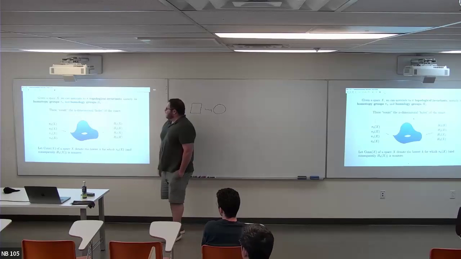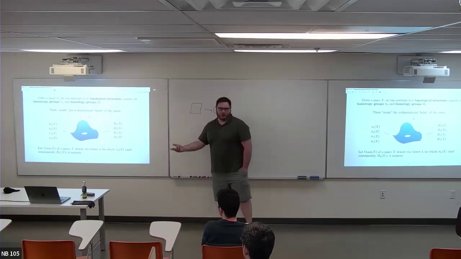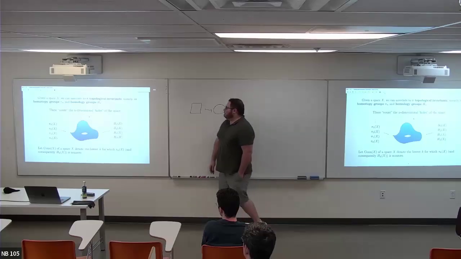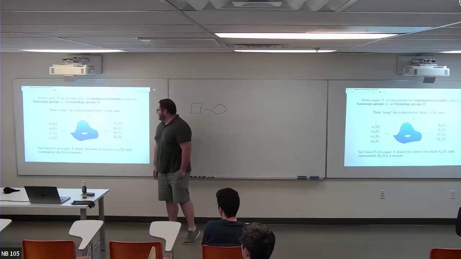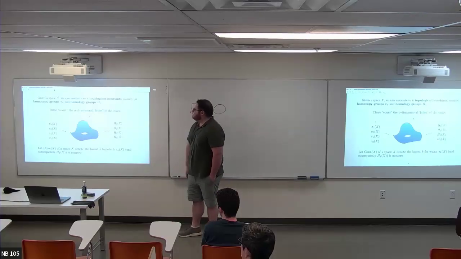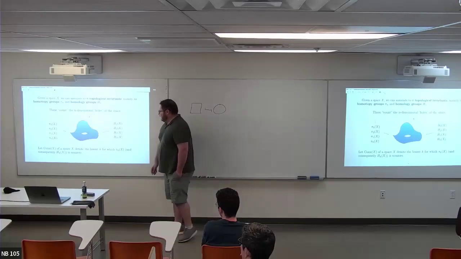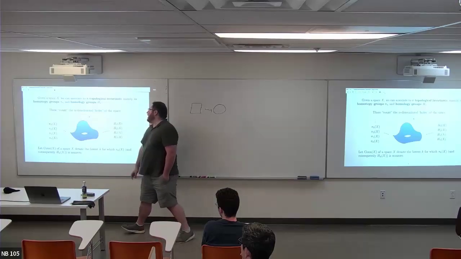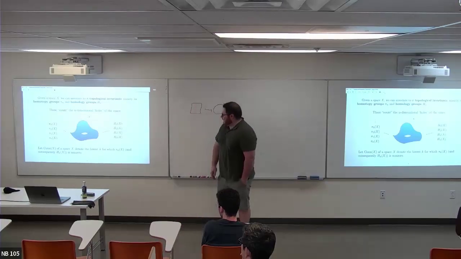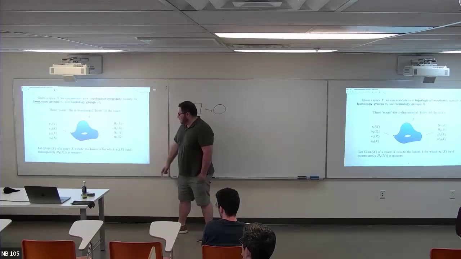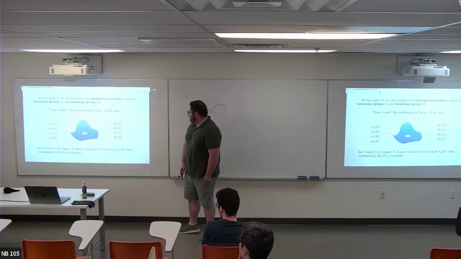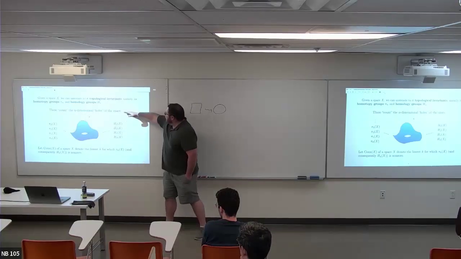And these groups are trying to tell you something about the holes in this space, okay? And you have one for every number from 0 up, okay? And we let con of X denote the lowest k for which pi k, and then consequently H k, is non-zero.